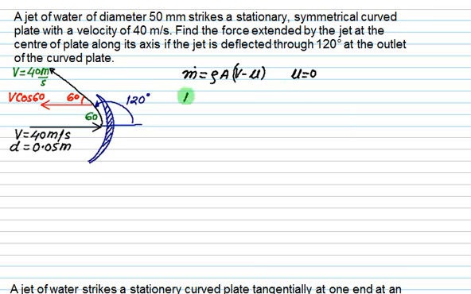And Fx will be equal to m dot. Now v is a positive value and minus of minus v cos 60. Substitute for everything.